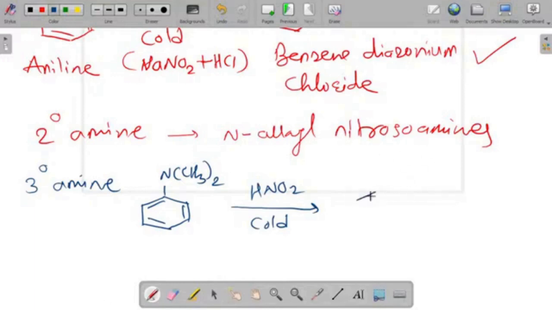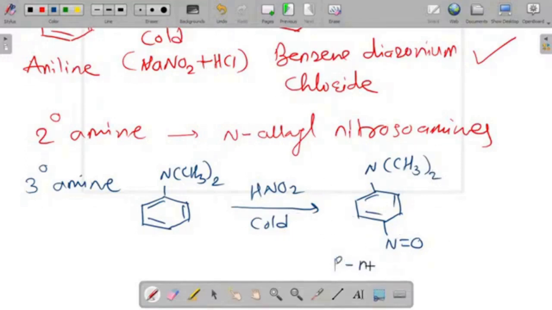So what is the product here? This is the product. This N double bond O. So this is the benzene ring. There is no reaction with this tertiary amine group. Why is the para product there? Para nitroso.